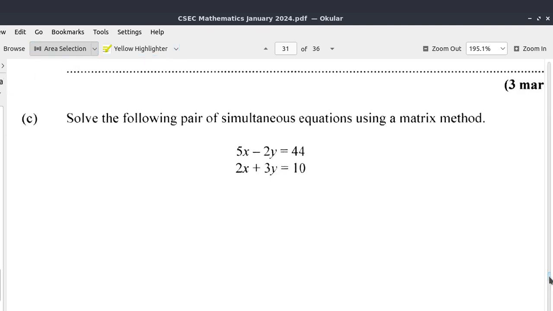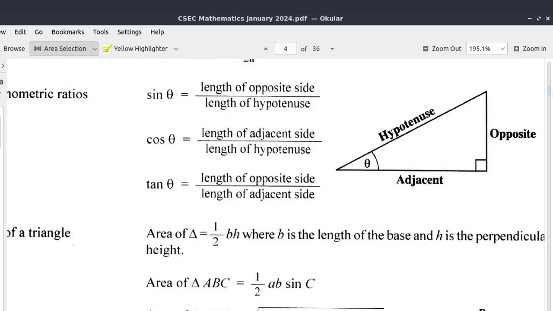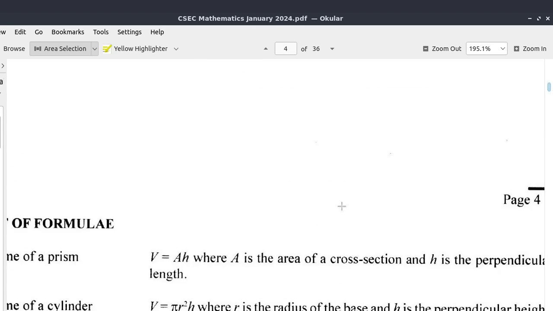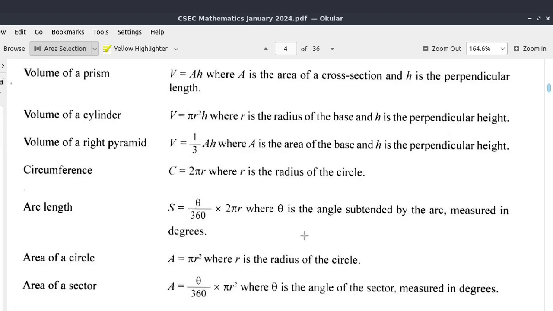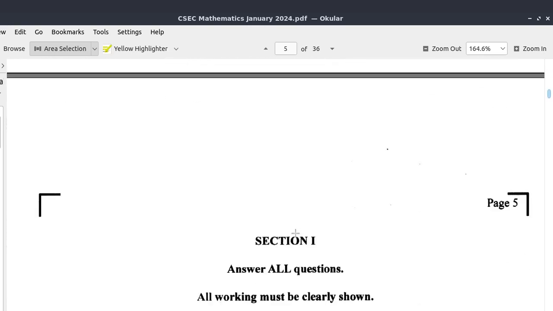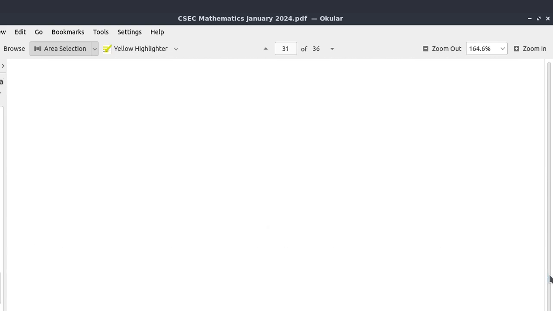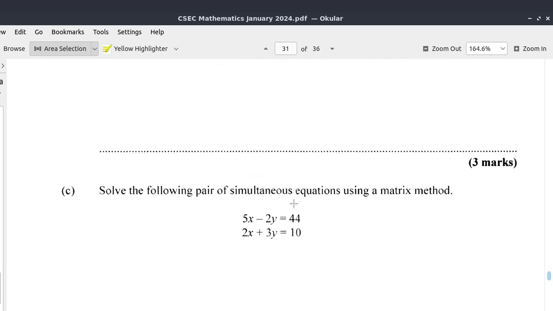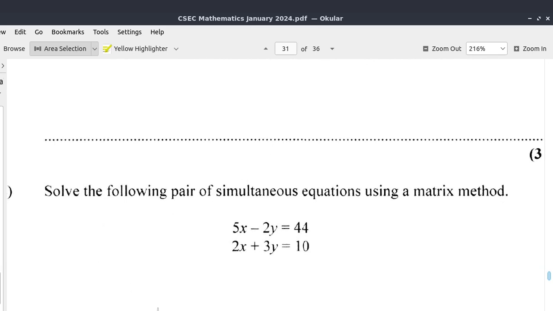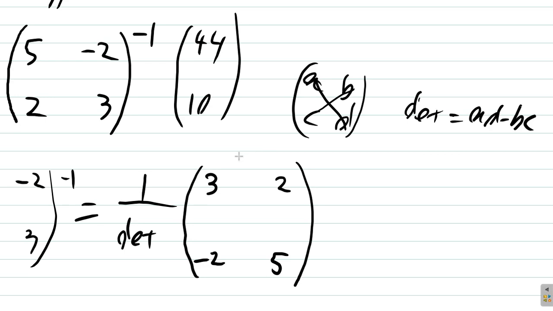List of formulae. It's not there, you know. So you're going to have to remember it. Practice and remember how you deal with simultaneous equations using matrices. You have to remember it. Now, back to this.